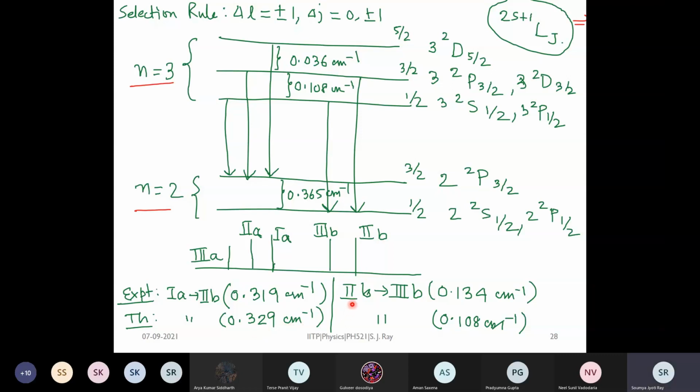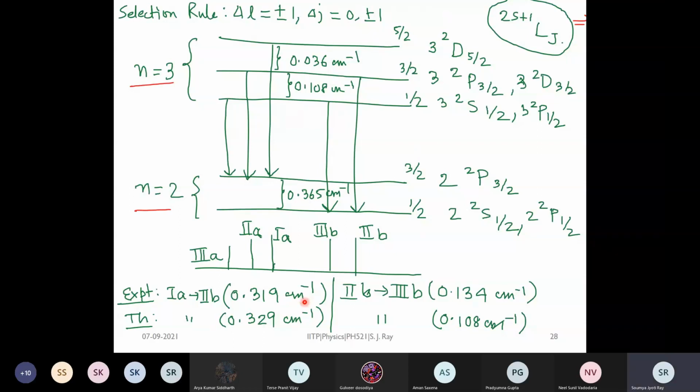Similarly, between 2B and 3B, the experimentally measured term shift is 0.134 centimeter inverse, and the theoretically estimated value is 0.108 centimeter inverse. So you can see that there is some difference between the theoretically calculated and experimentally measured values.